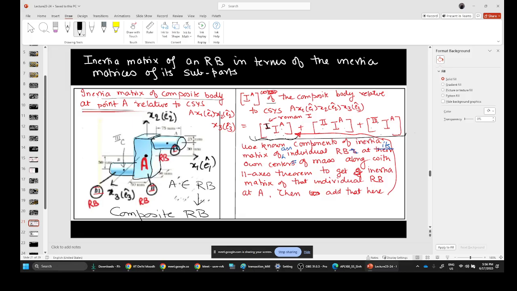Like I go to IA1. So this is the RB1, this cylinder. And what we have to do now is use known components of inertia matrix of an individual RB, in this case 1, at its own center of mass. It may be known already.